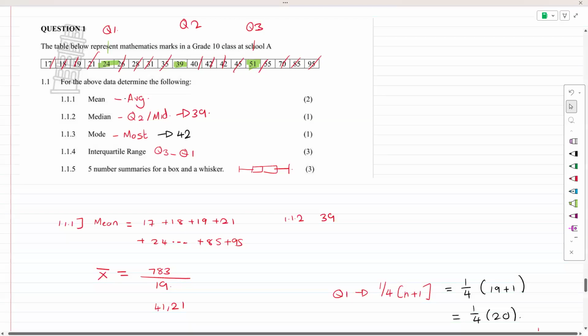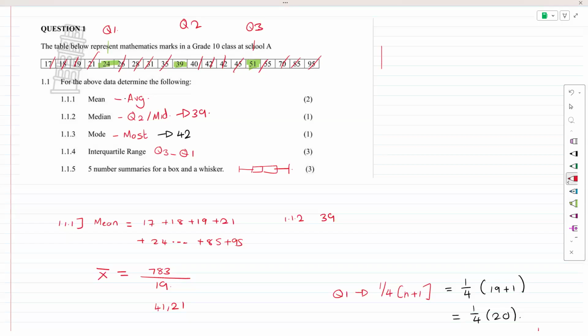Okay, so for the box and whisker, we're going to go here, right? So let's draw a diagram. I'm going to try my best to draw on the screen. Yeah, that's as good as I can get it. Let's try here.